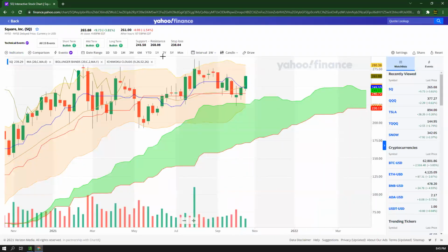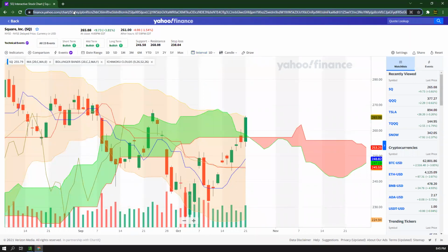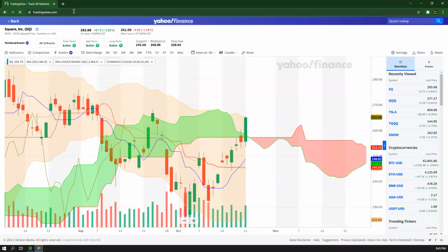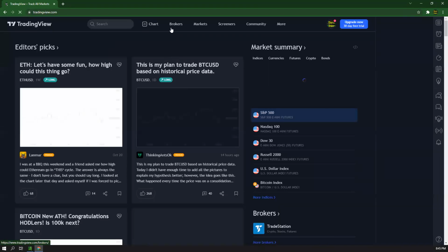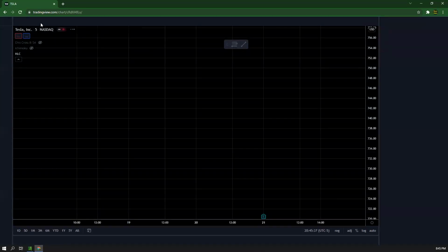So when you go to a daily chart, you see that the breakout happened. Yahoo Finance, Webull, TradingView, all those have this indicator, and it's very, very commonly used also.